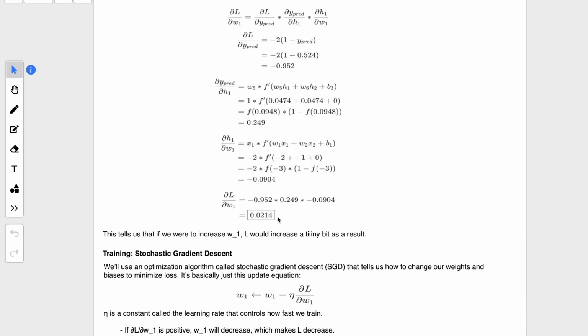So here the term is positive, right? When we find the partial derivative of the loss with respect to w1, the term is positive.